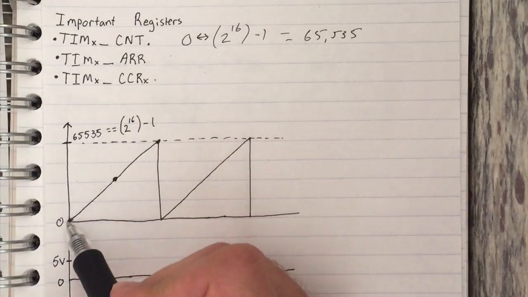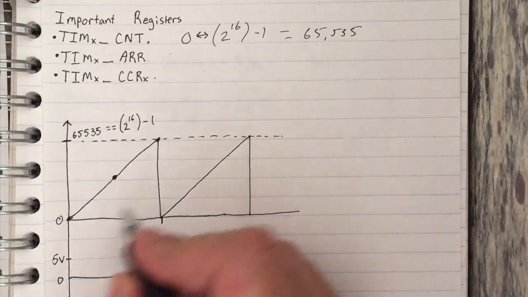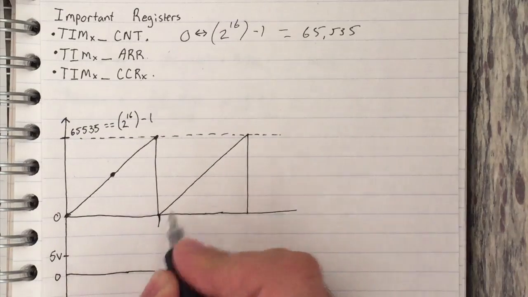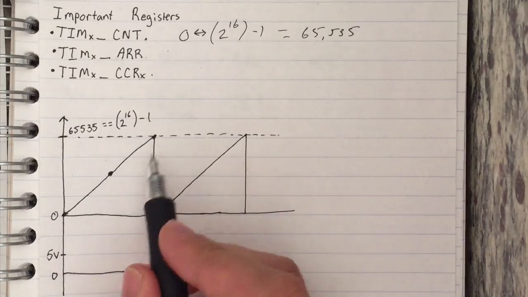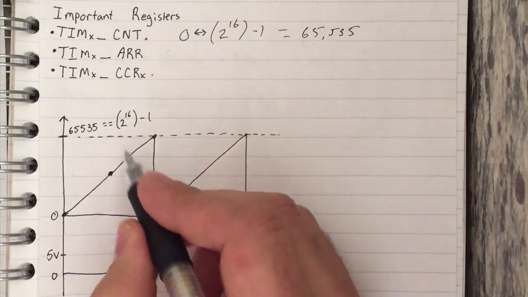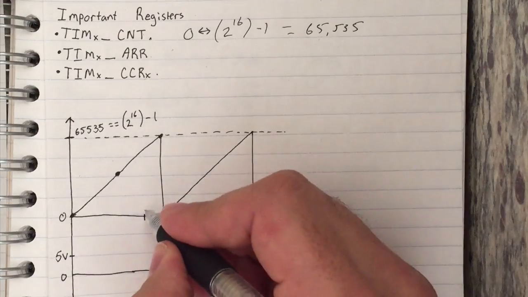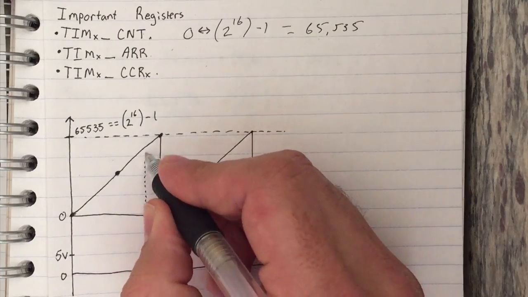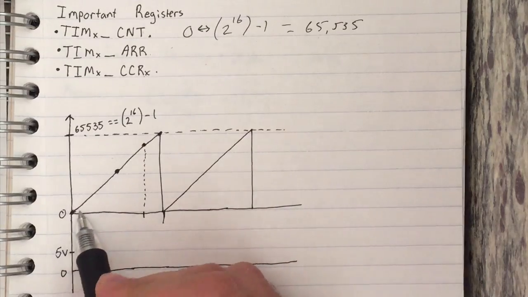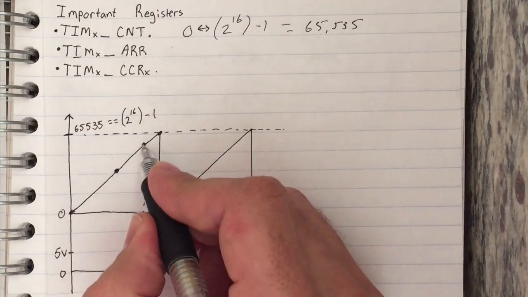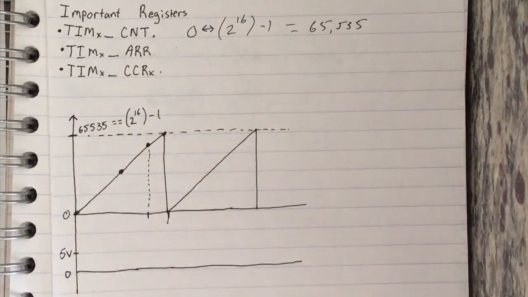Okay, so we can either go the whole distance here from 0 to 65,535, which would be from this 0 mark all the way to here, or we can pre-scale the frequency of the PWM down to some value. So we can have the period go from 0 to, say, this point right here, which pre-scales our count. So now the counter is not actually going all the way up here, it's only counting to a portion of that, which essentially is slowing down the PWM frequency clock.